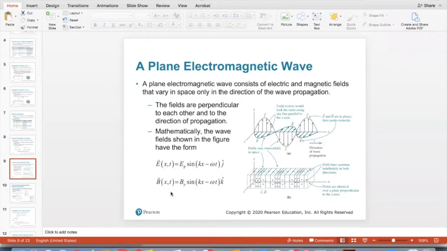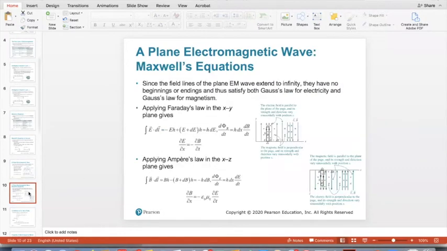This one has units of Tesla, completely different units, but the directions are here. B is always perpendicular to E, and the wave propagates in the direction perpendicular to both of them and follows the right-hand rule. That's called the Poynting vector. We'll get to that in a minute.